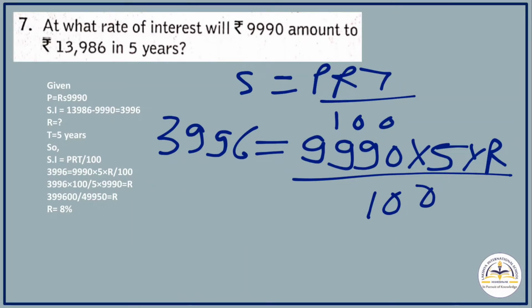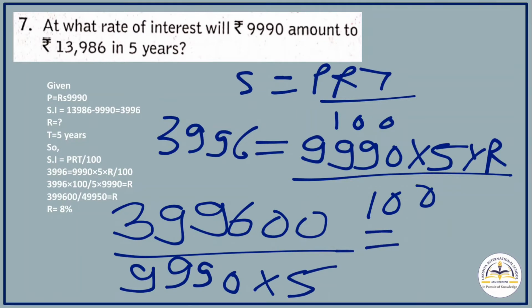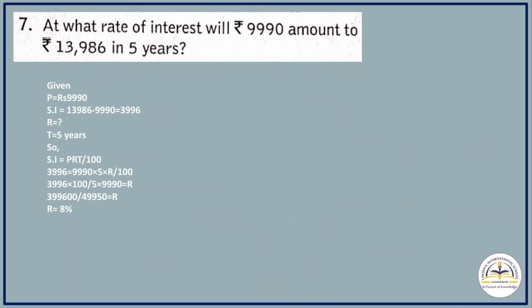Now this 100 will be multiplied with this number, and this value will be divided by this number. Now when you multiply 9990 into 5, you will get 49950, and when you solve this, you will get the rate, that will be 8%.